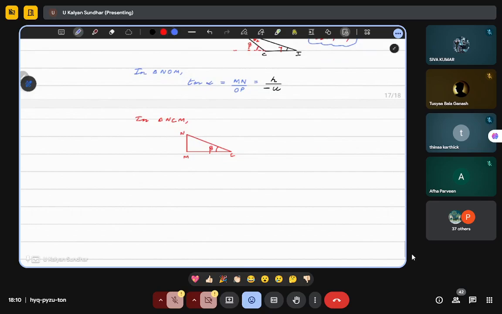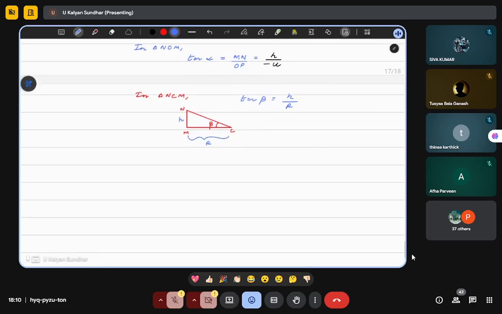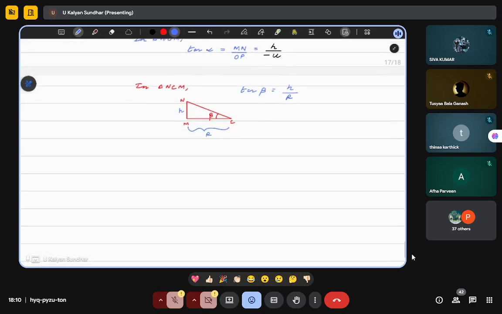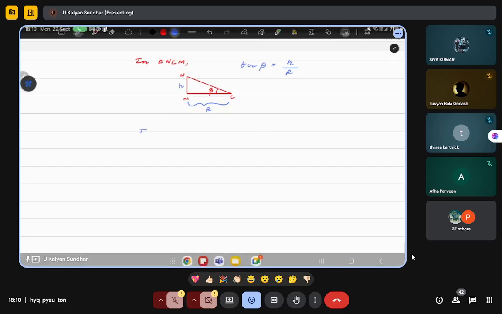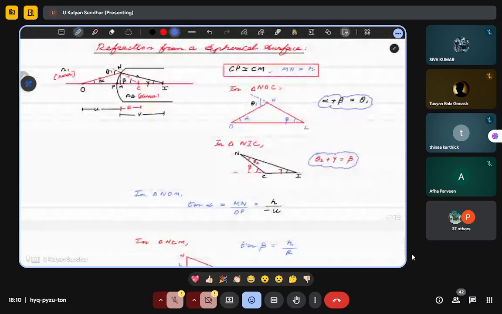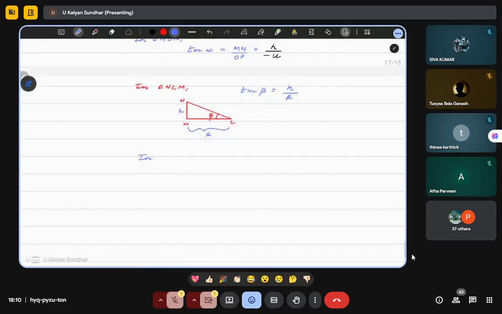This is beta, this is R, and this is your H. So tan beta will be equal to H divided by R. That's plus R because that is a concave surface. Now, next comes your tan gamma value. What is gamma? In triangle NIM.